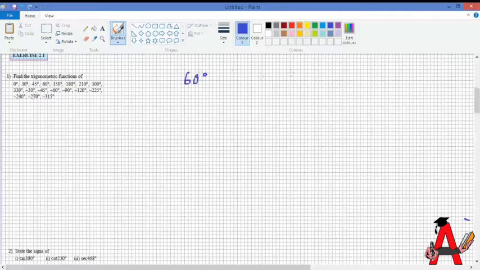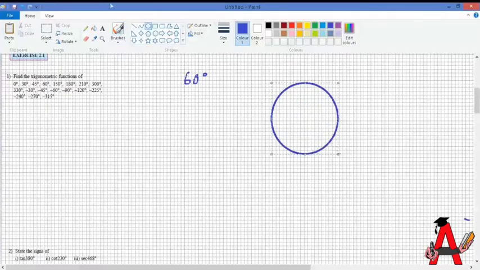Now I told you that suppose we have a circle. In a circle, you will have to draw these quadrants. And after the drawing, you will have to plot a point P so that this angle is 60 degrees.